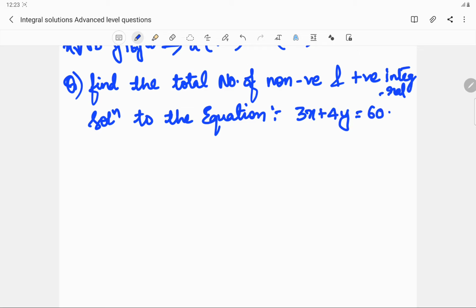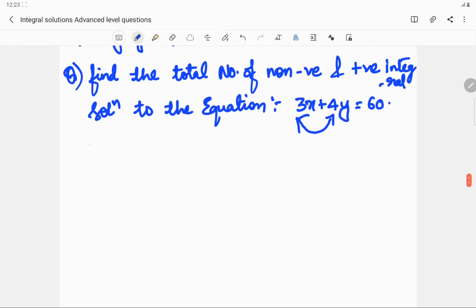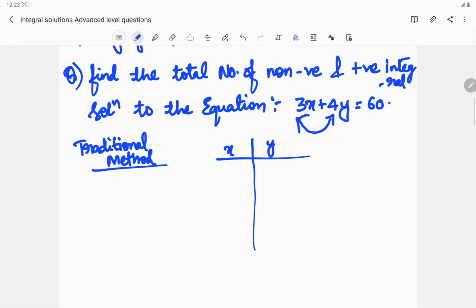First we'll understand this equation. As we know, the coefficients of the variables are 3 and 4, and they are co-primes, and both 3 and 4 are factors of 60. Now, the traditional method to solve this equation: we'll list down the values of x and y.